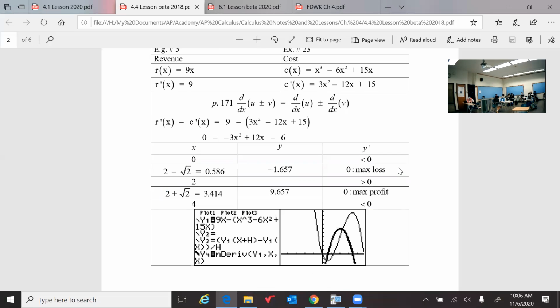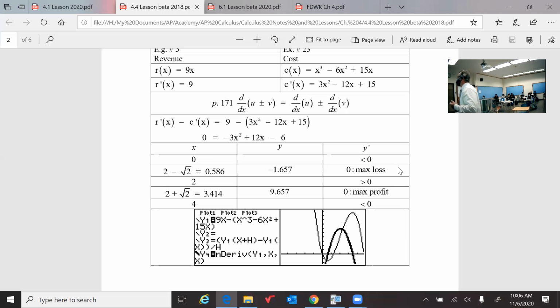When is the derivative equal to 0? Which is in effect the difference in the derivatives, once that equals 0. Here and here. Then I check points on either side of that to confirm whether you have a min or max. In this case, we're looking for the maximum difference between revenue and cost.